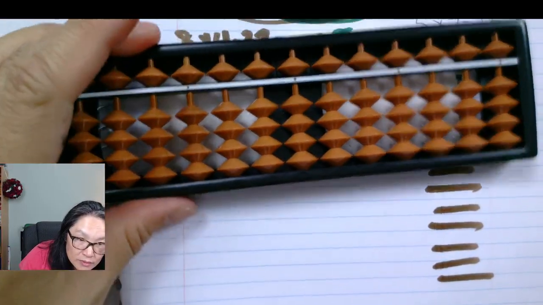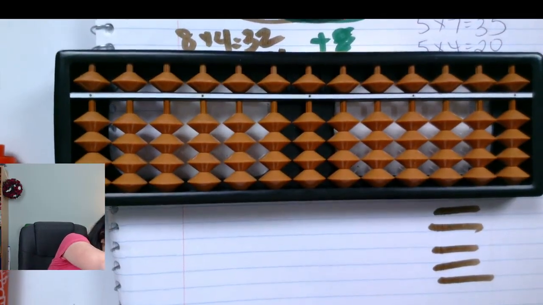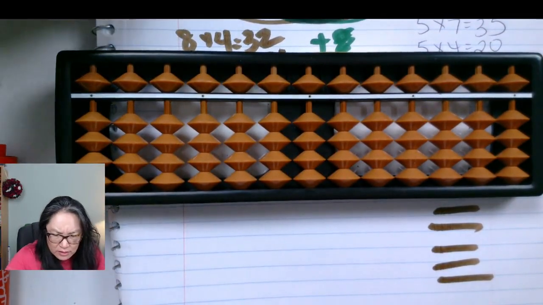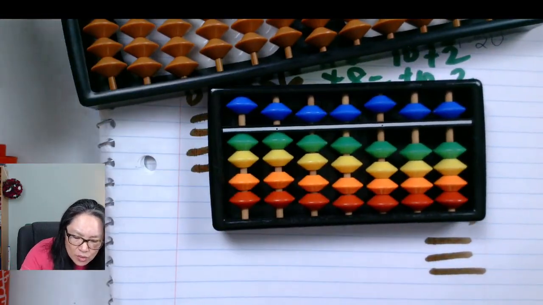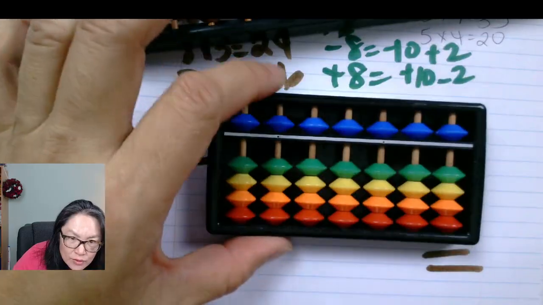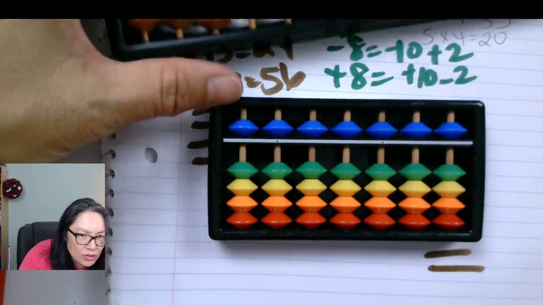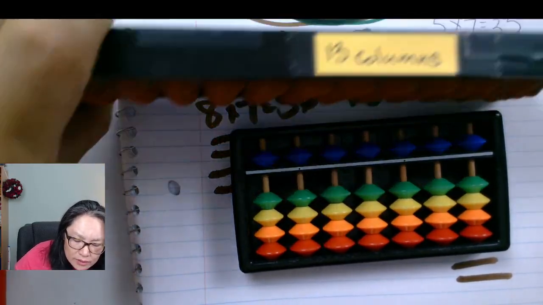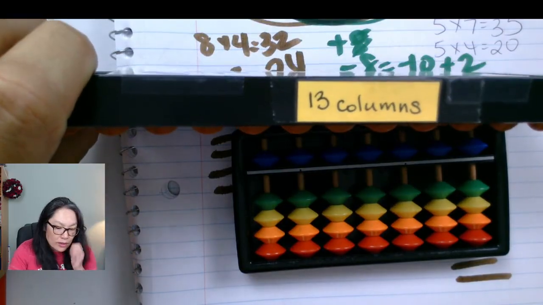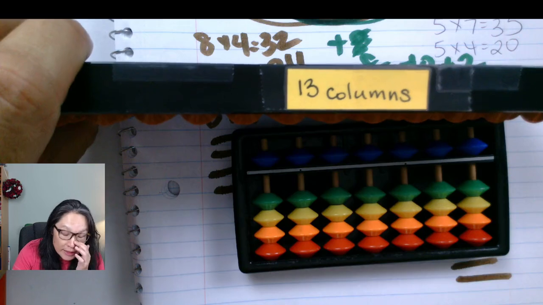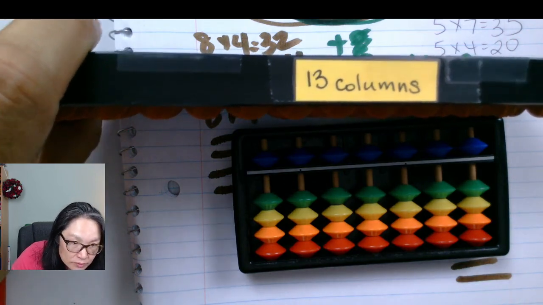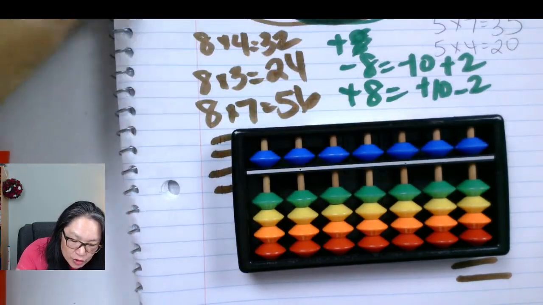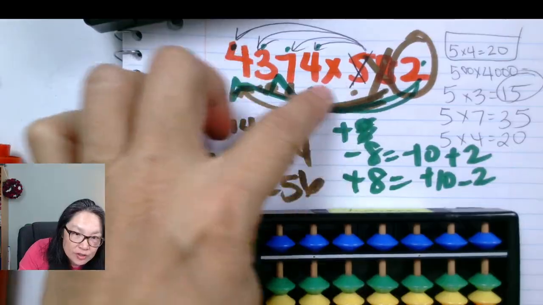The one before this one. Oh, interesting. The colorful one? This one. That's very interesting, because this is only 7 columns. You can't do too much with it. 13 is actually a better, more versatile, because you can do multiplication and division.